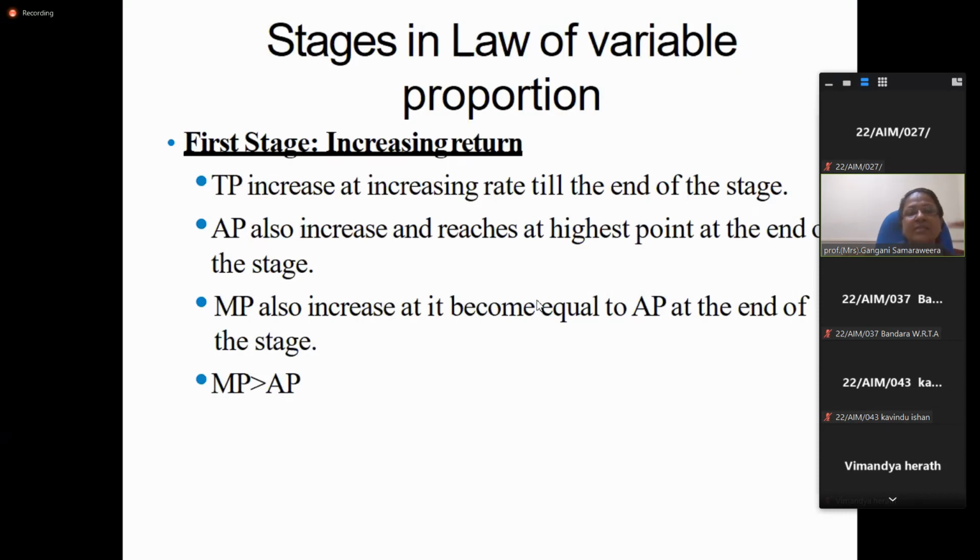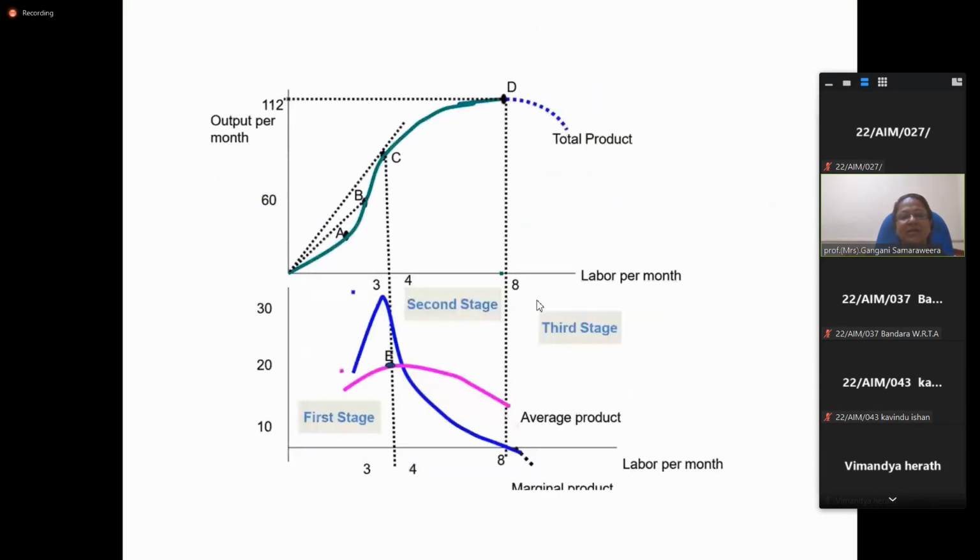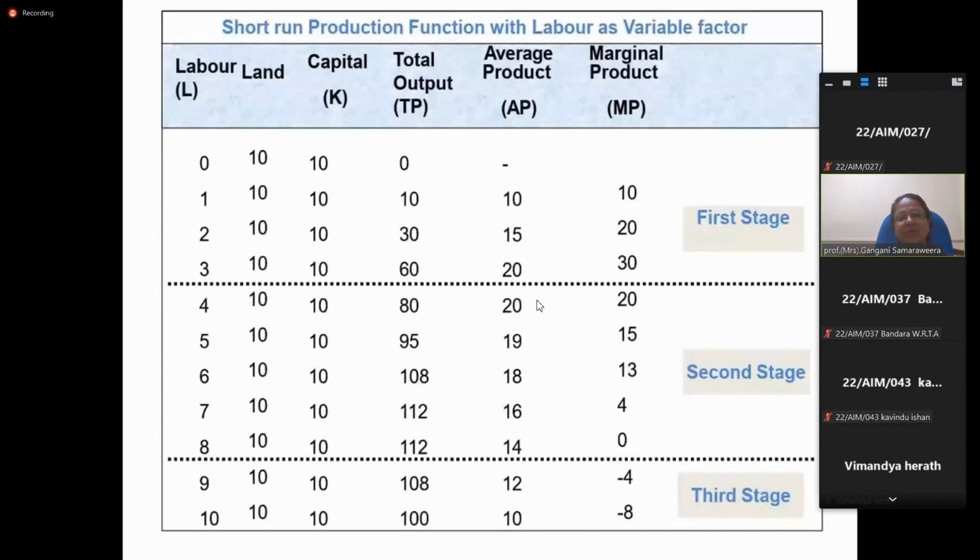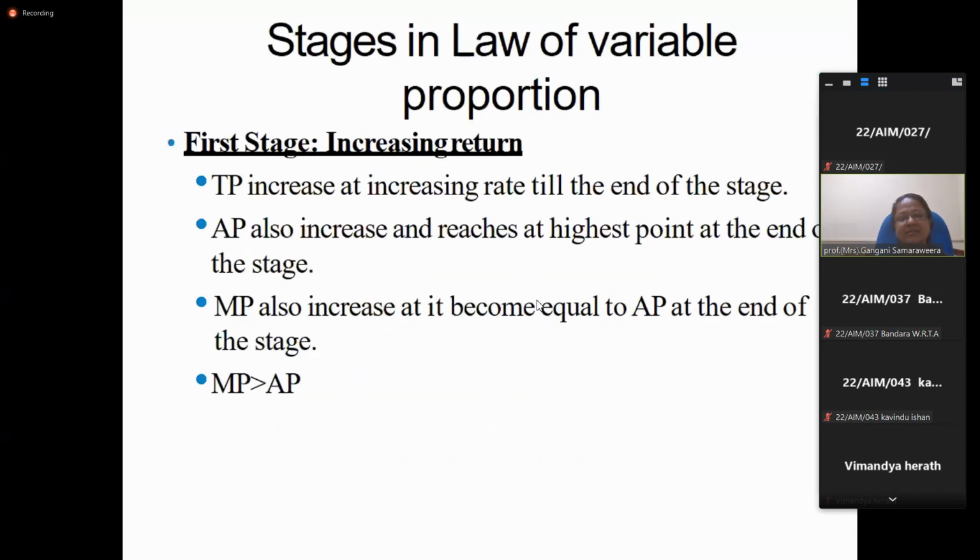Okay. Now these are the stages in the law of variable proportion. First stage, you can explain very nicely now, better than these wordings. Increasing returns. Every time, just remember this graph and this table when you are explaining these stages.